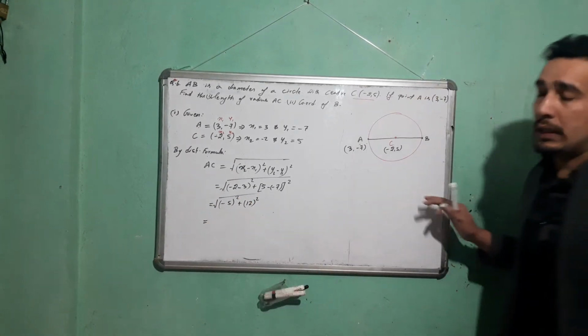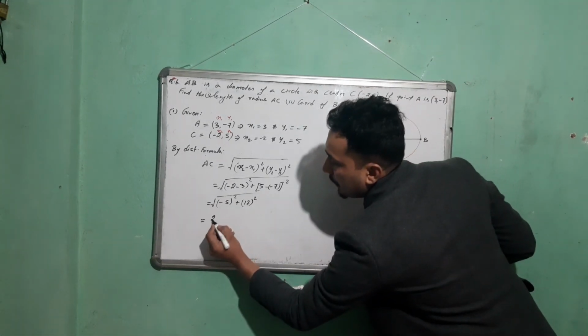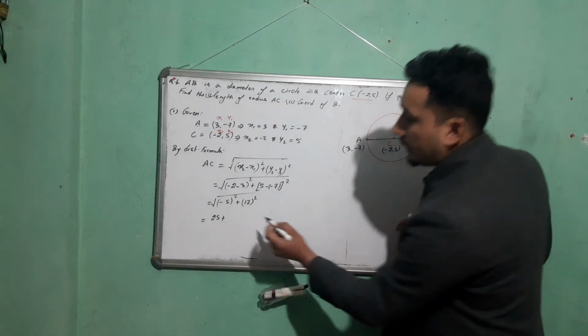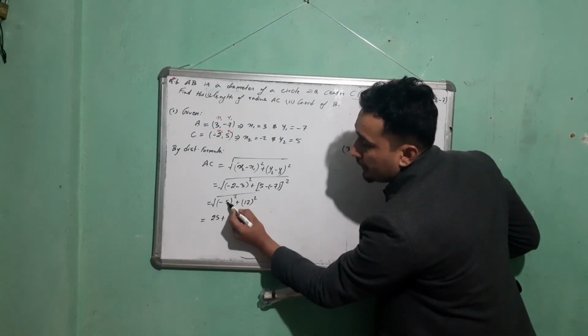Minus square is plus, minus into minus is plus. 5 square is 25 plus.